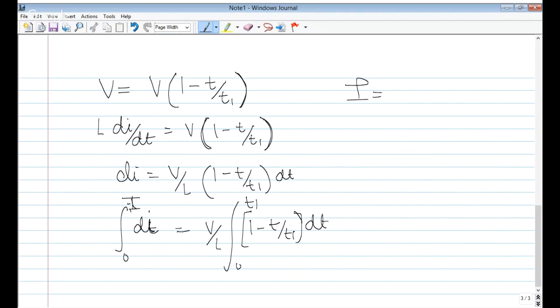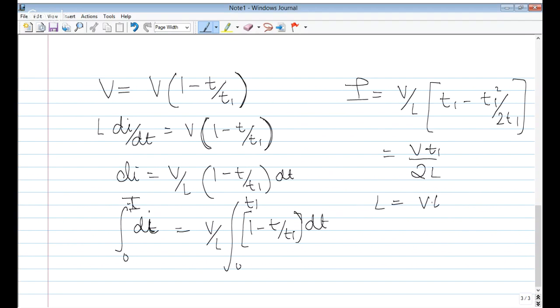So I is equal to V by L, then T1 minus T1 square by 2T1, that is T1 by 2. So V T1 by 2L, which means L is equal to V T1 by 2I. So that should be the value.